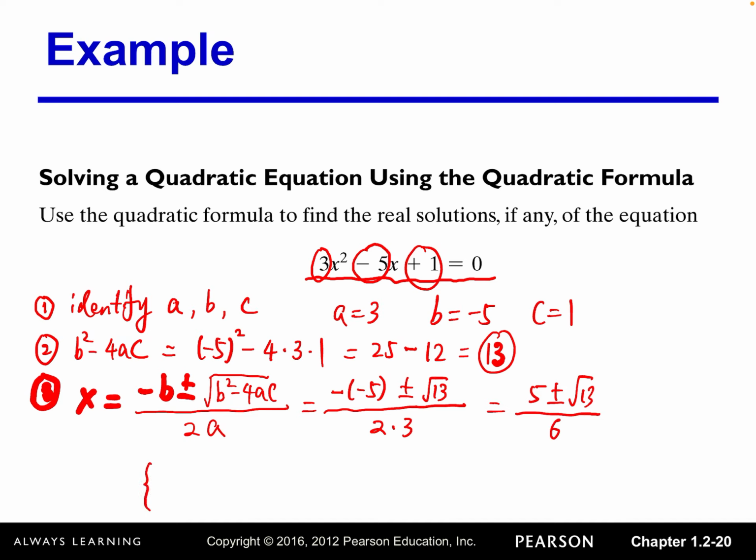If we write it in set notation, one is 5 plus square root of 13 over 6. The other one is 5 minus square root of 13 over 6. So this plus-minus symbol just indicates the two solutions, one uses the plus sign, one uses the minus sign. That's how we put the solution of this quadratic equation into set notation.